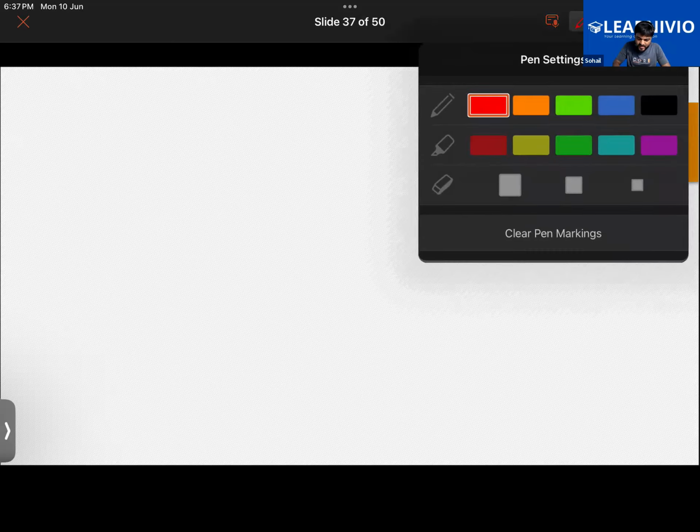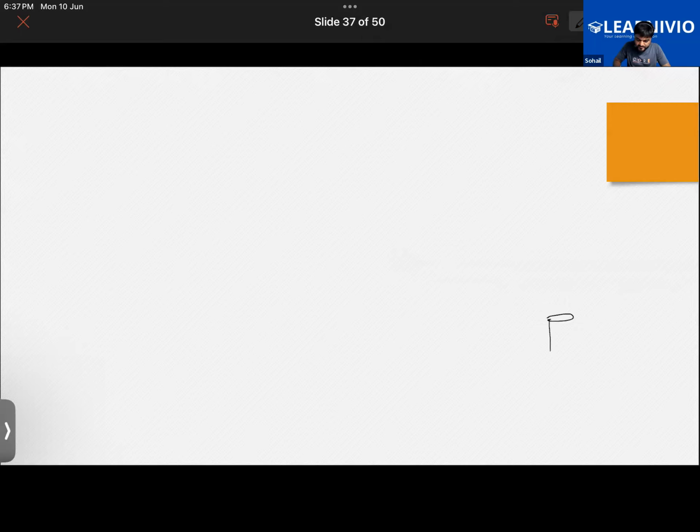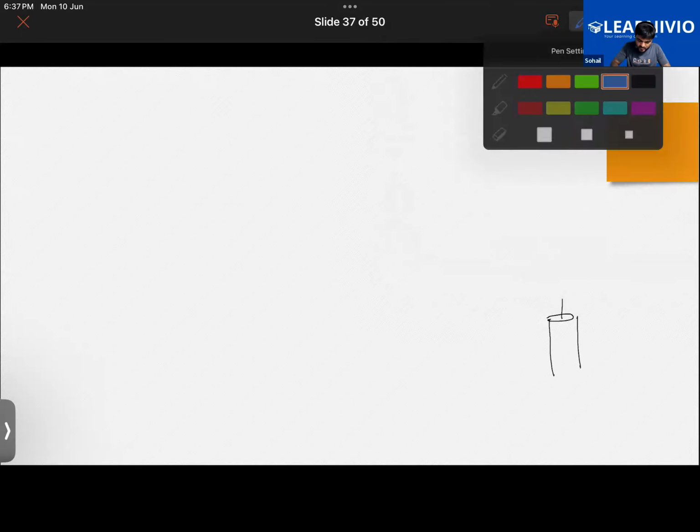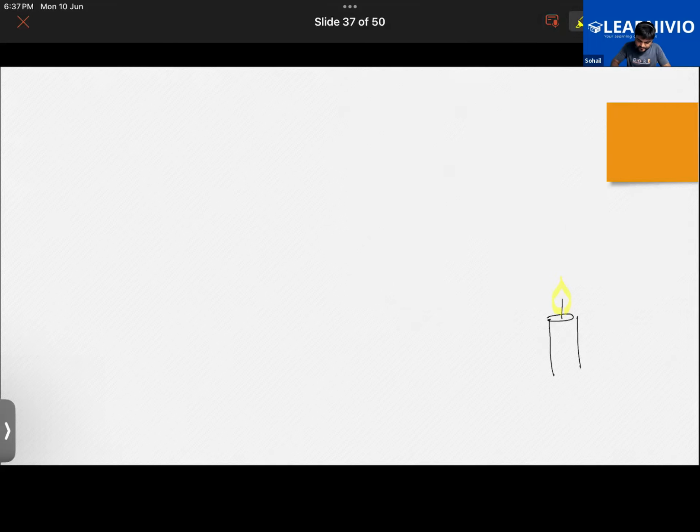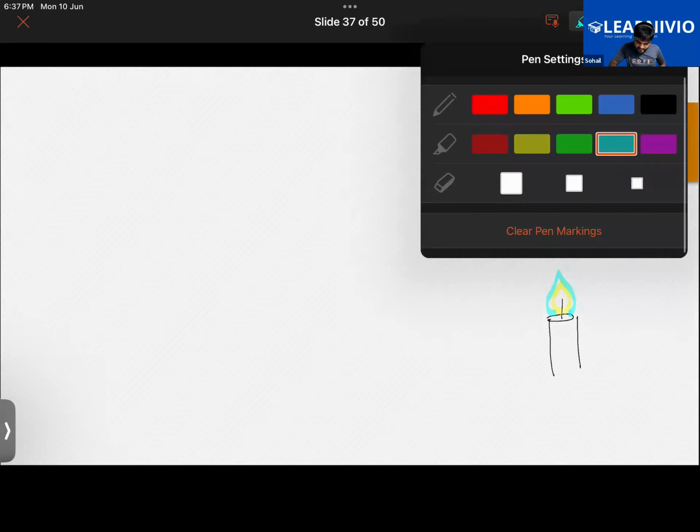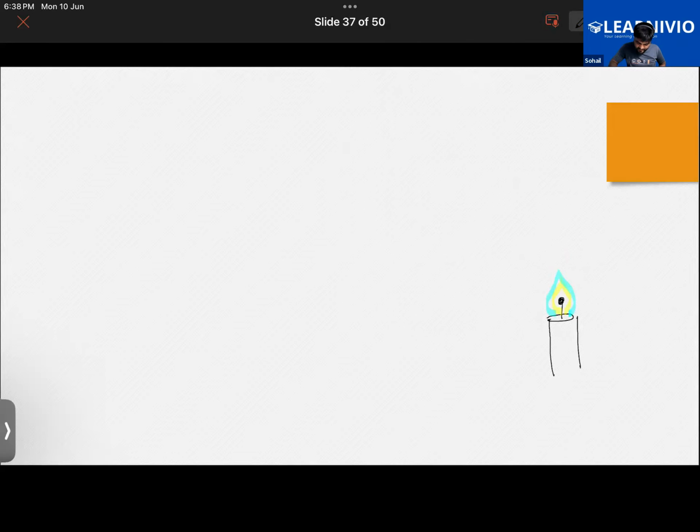Say you have taken a burning candle, and these are the flames. This is the yellow flame, this is the blue flame, and inside this is the black zone.